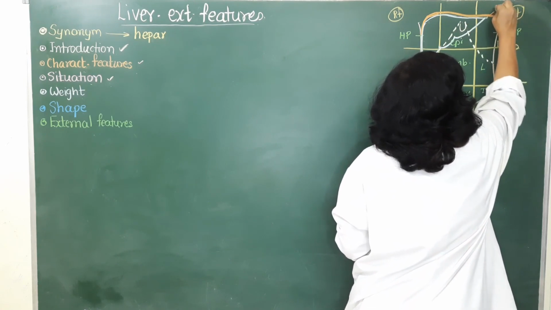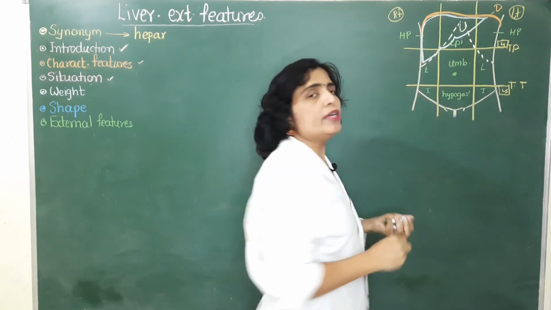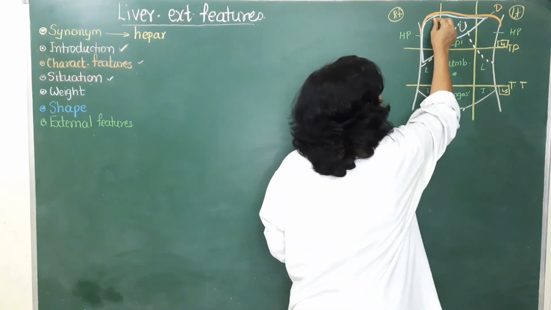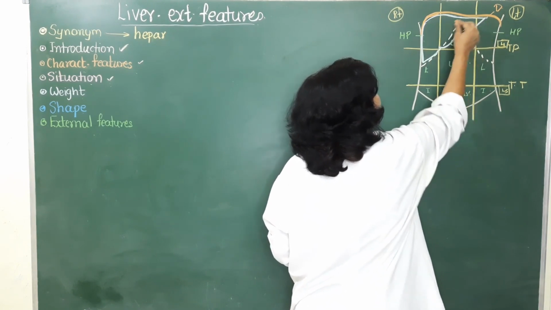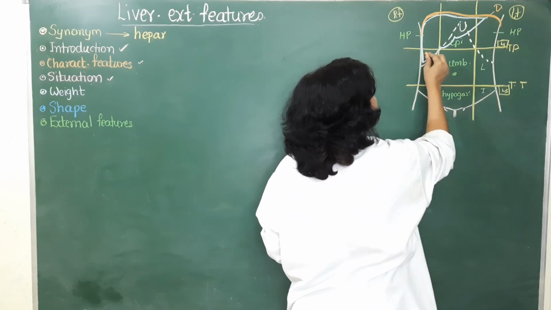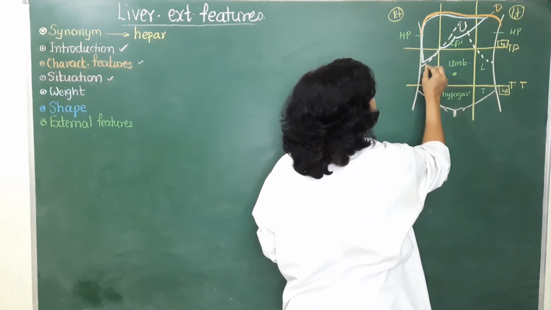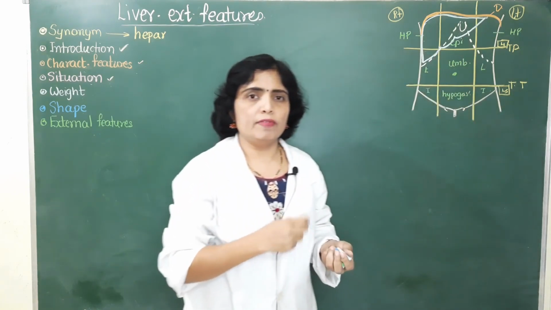So this is the diaphragm. That means the topography of the liver is situated in the whole of the hypochondriac region, the upper part of the epigastric region, and it extends up to the left lateral plane. Some part of the liver extends into the right lumbar region. So that is about the situation of the liver.